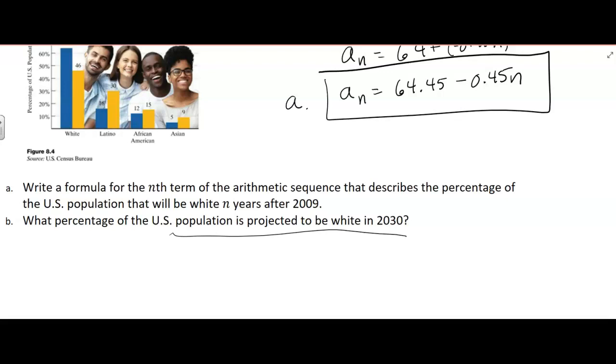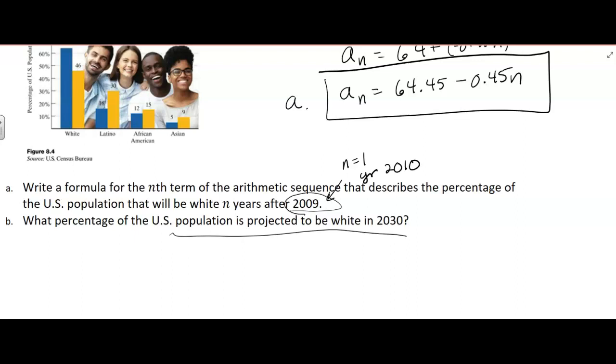Okay, so here's the question. We're saying how many years after 2009? Now that's important. I didn't talk about that, but 2010 is n when n is 1. That's what we based it on, right?